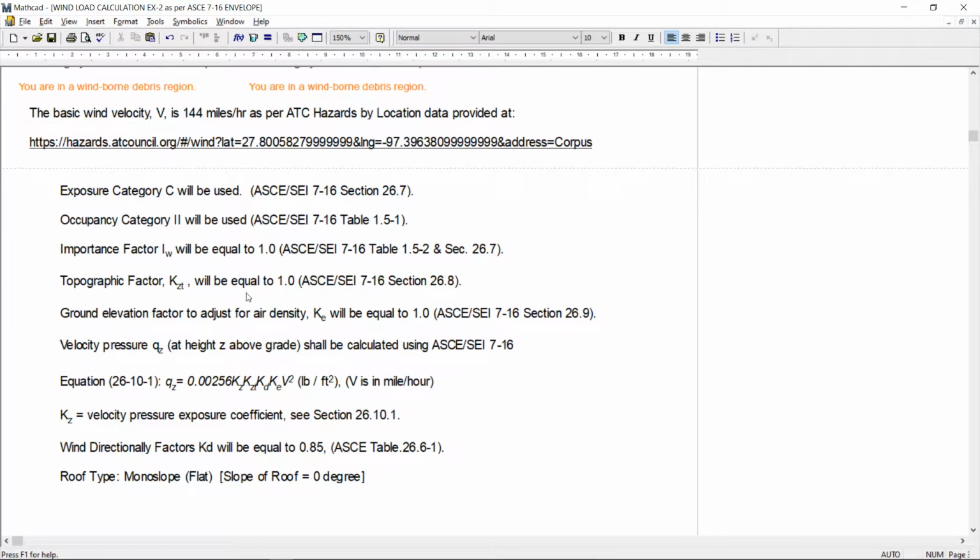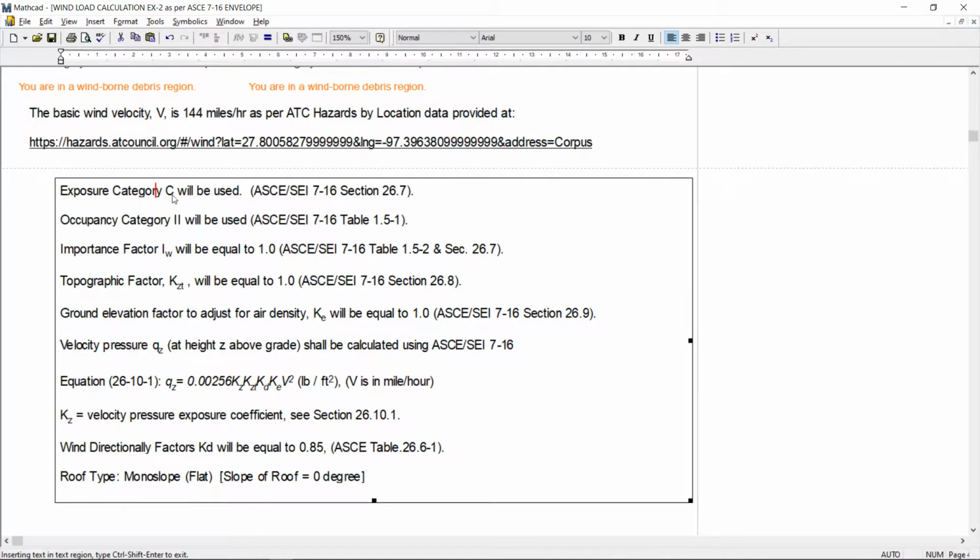Other parameters are here. Exposure category is C, occupancy category 2, importance factor I is now 1 for all types. The topographic factor Kzt is 1. Ground elevation is again 1. The ground elevation factor Ke is a newly introduced parameter.